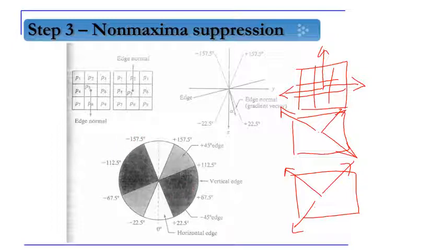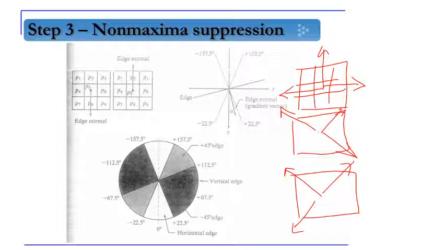So you have to remember, in the previous step where we calculated the gradient operator, we have already calculated the value of alpha. Now just looking at that value of alpha, we have to find out which of these regions it falls in, and then this will give me the direction.